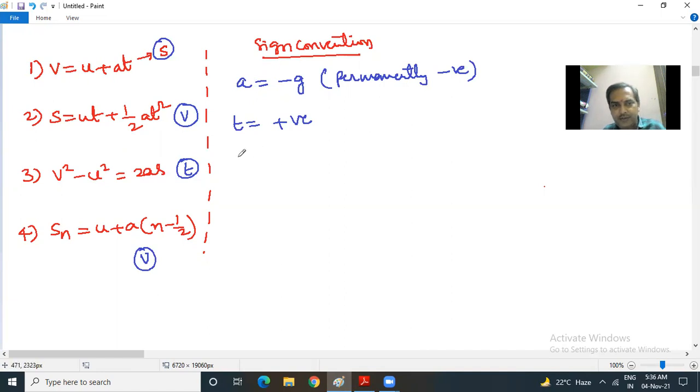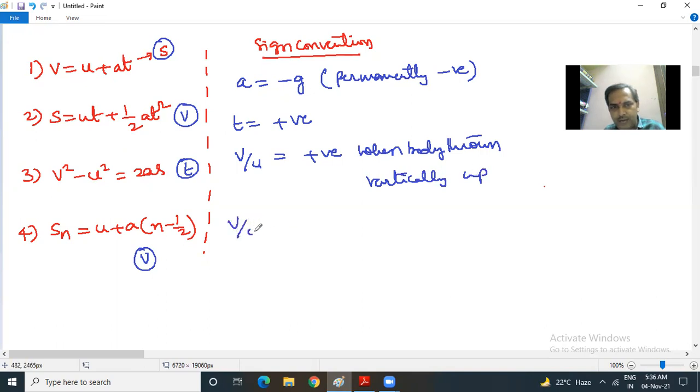If you look at the first equation, v and u. I am advising you, v and u, you take as positive when the body is thrown vertically up. The same v or u, you treat as negative when the body is moving down.